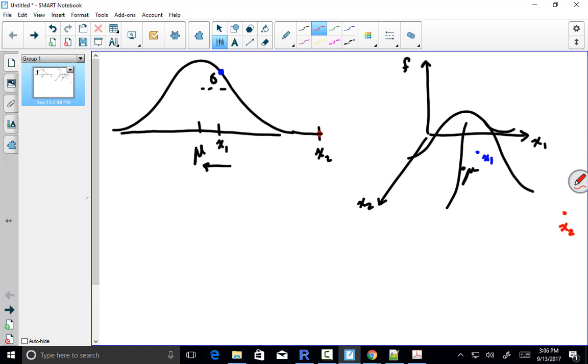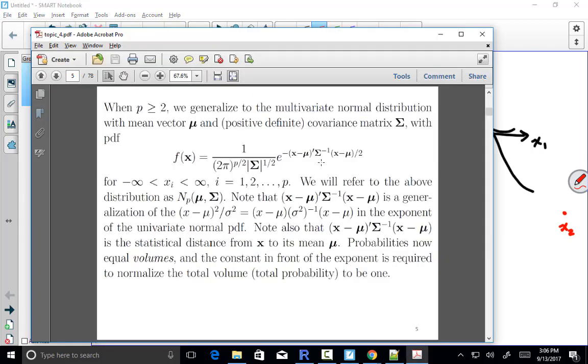So you're more likely to see x1 if you randomly draw from this distribution than you are to see x2. And that's a consequence of the probability function itself having statistical distance in it.